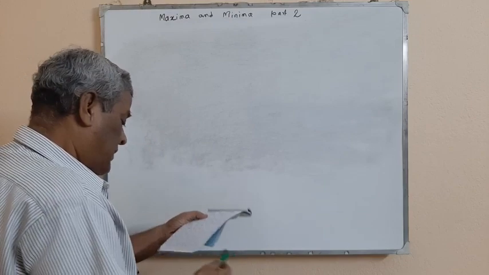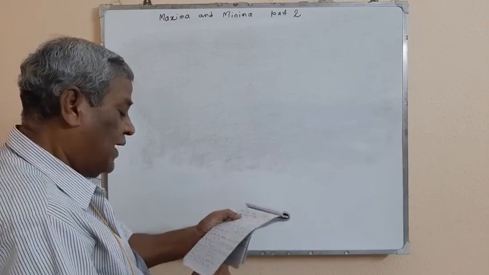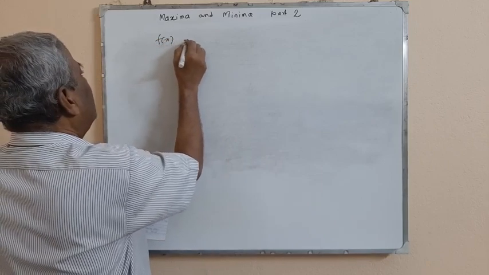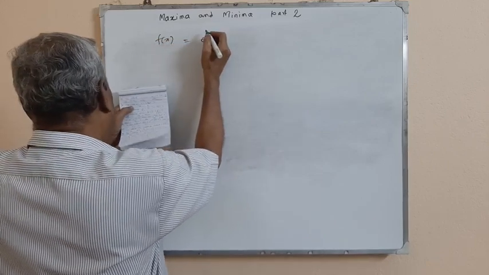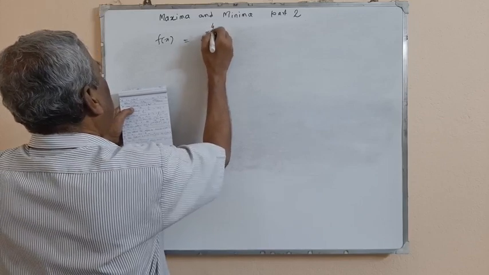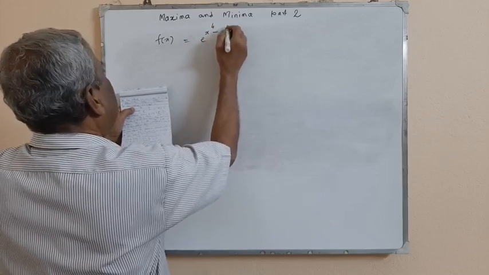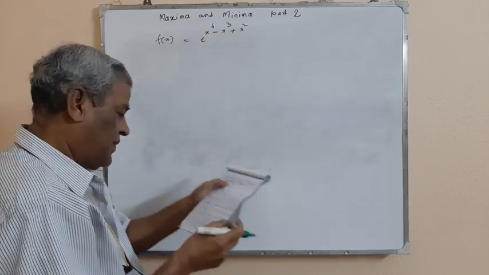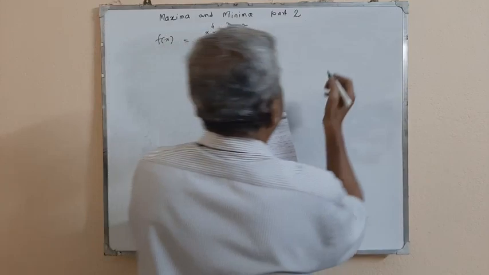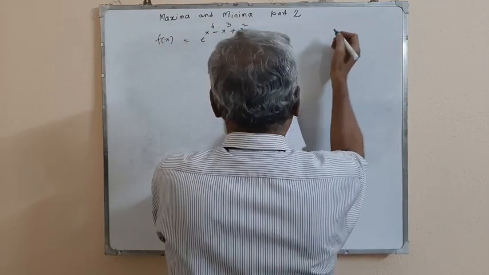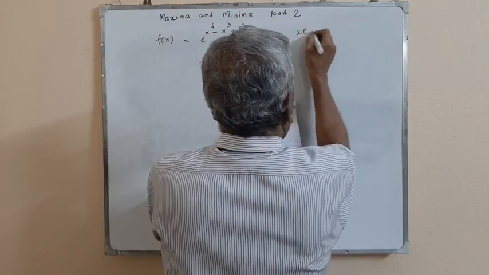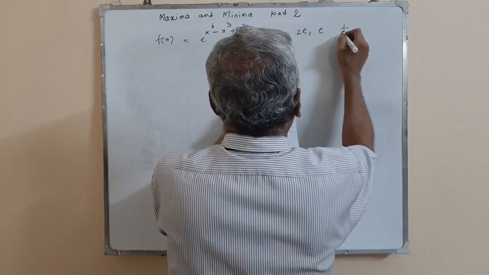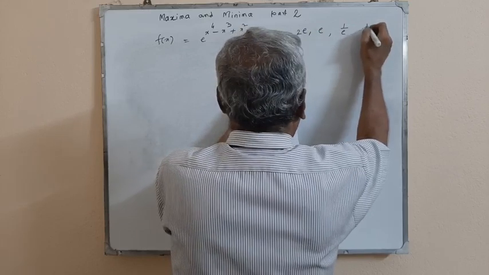Today's first problem is: find the minimum value of f(x) = e to the power x to the power 4 minus x cube plus x square. The options are 2e, e, 1 by e, and 1.